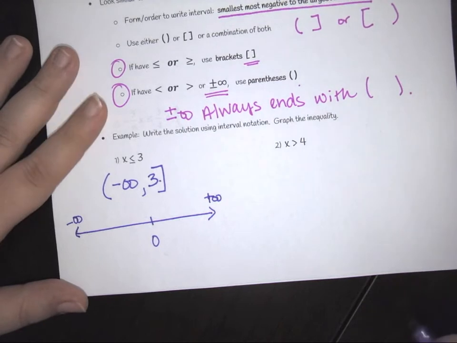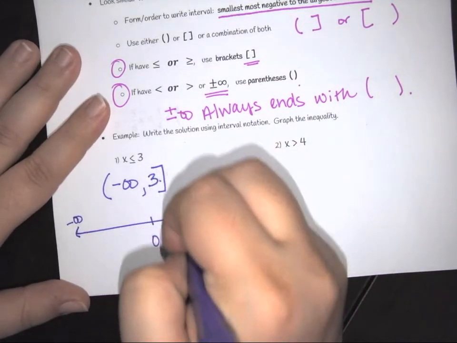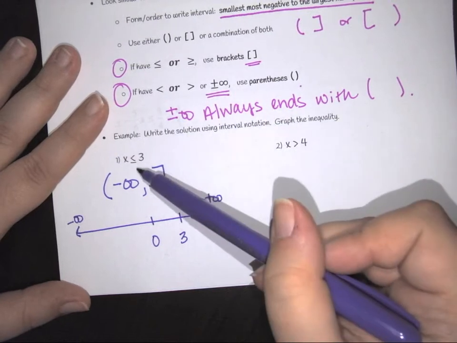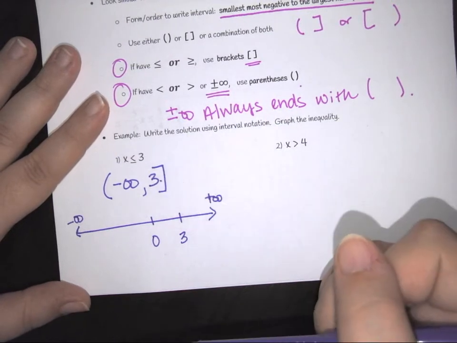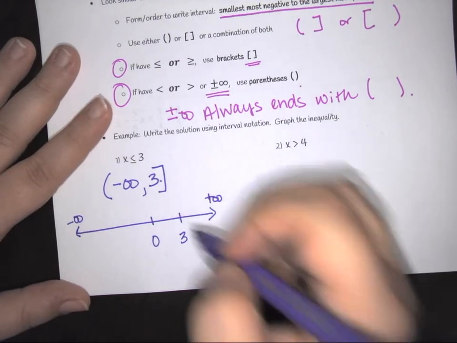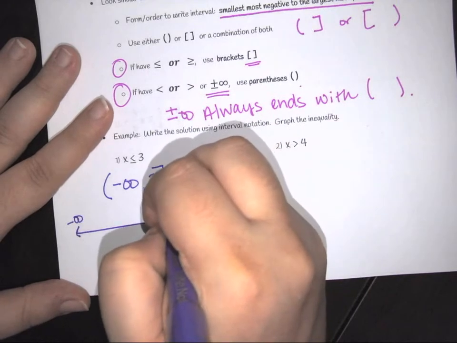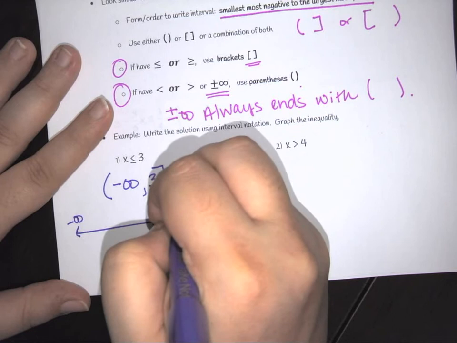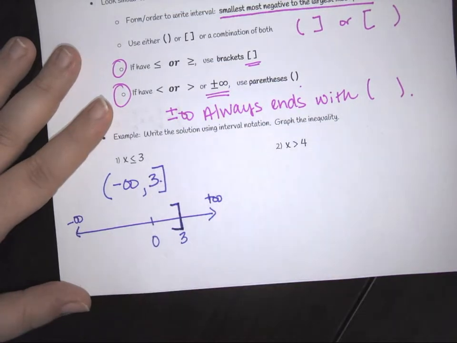So here we're using 3. So I would draw in my 3. And I want less than or equal to, so that means I have to do a bracket. My bracket is going to cut through that 3, and notice I am bracketing my number line.